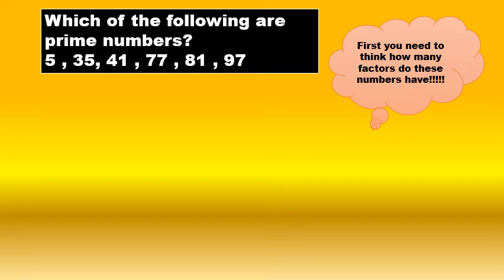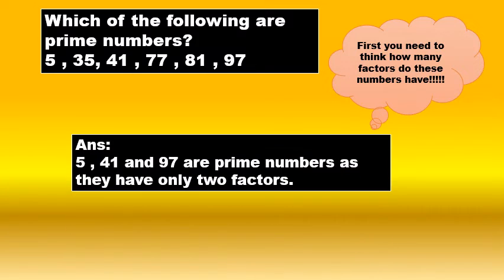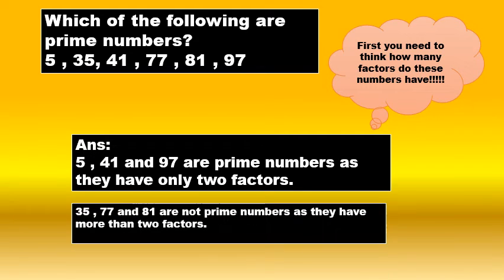Next is 97. 97 doesn't come in any other table except 97, so it is a prime number. So we can say that 5, 41 and 97 are prime numbers as they have only 2 factors. And 35, 77 and 81 are not prime numbers, or we can also say that they are composite numbers as they have more than 2 factors.